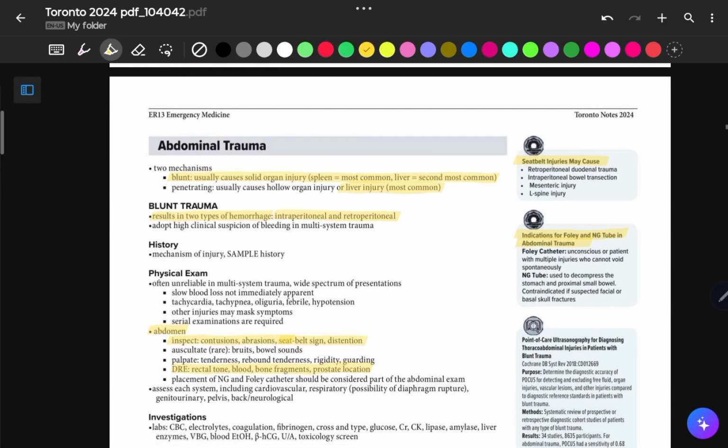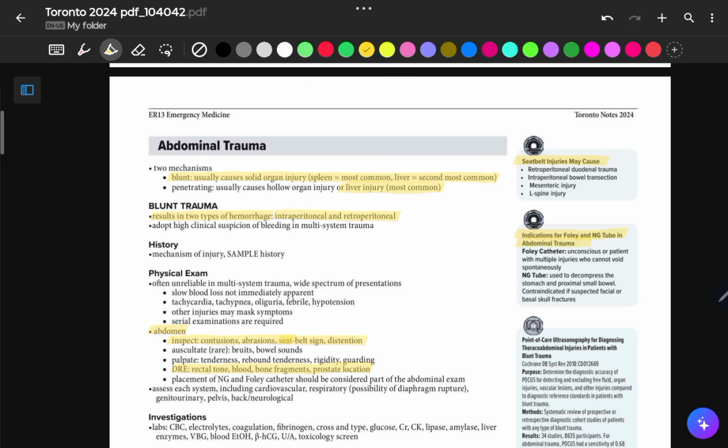So for abdominal trauma, there are two types. Blunt trauma usually causes solid organ injury, with the spleen being the most commonly injured abdominal organ and the liver coming second. For penetrating injury, it is usually the liver that is injured most.